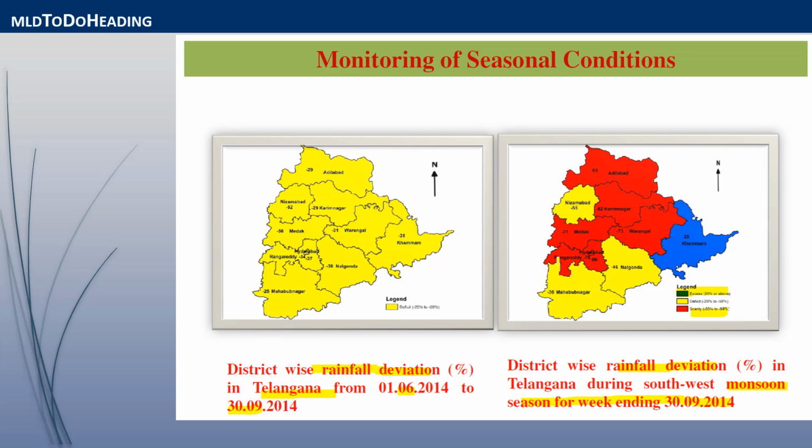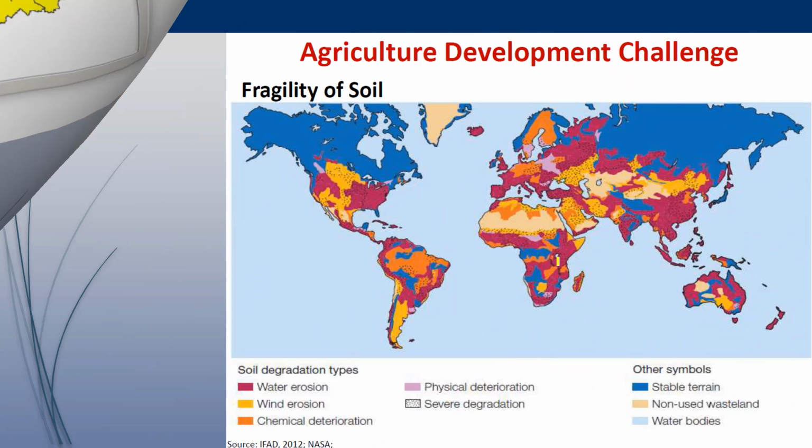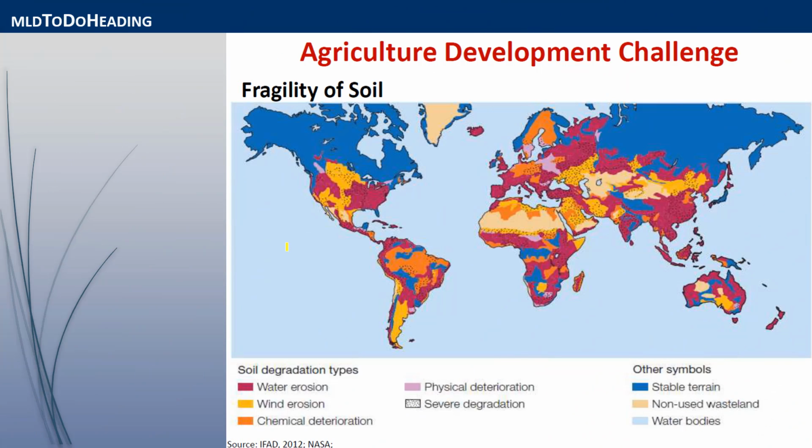So we are tracking the regions where the rainfall is excess, where it is normal, and where we found scarcity of rainfall. From this acquired information we could plant the crops accordingly, and it will help further.